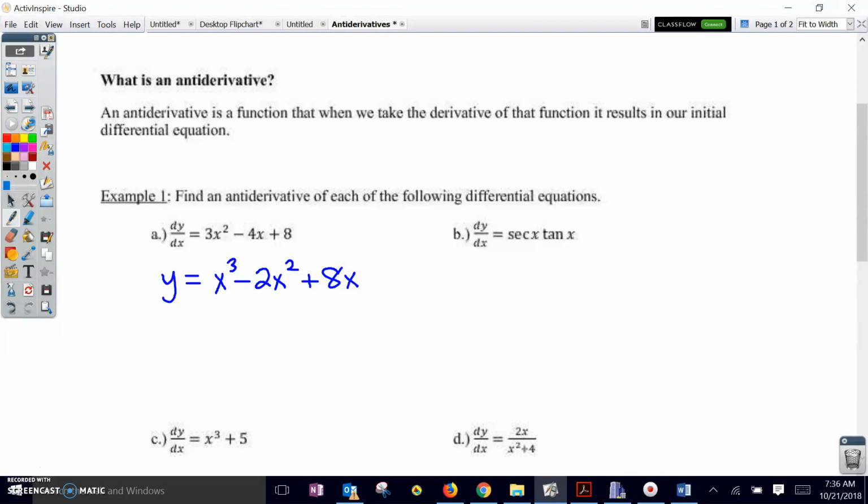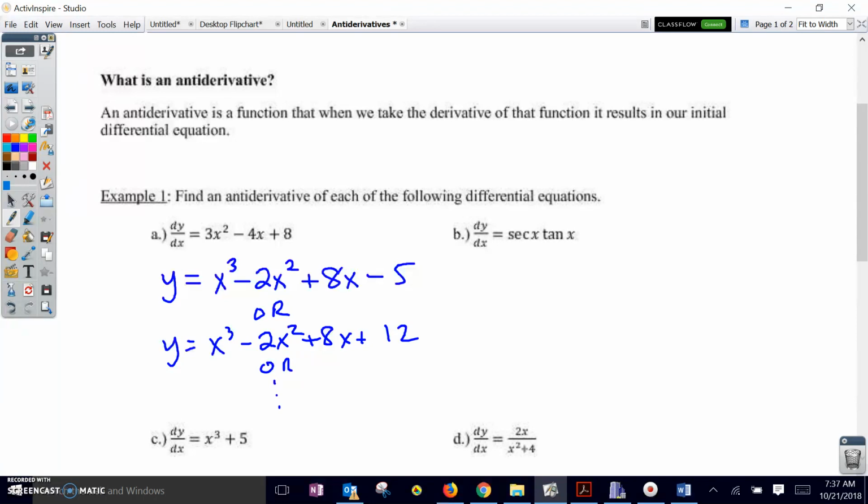And then actually I can have any constant on the end here. This could be y equals that, or it could be this, or really anything that has those first three terms and any constant.